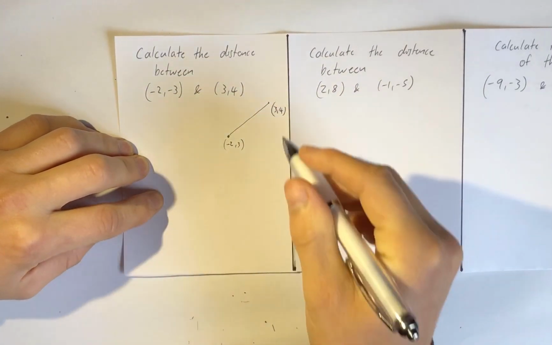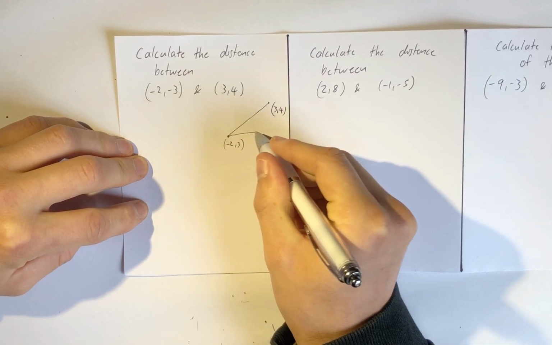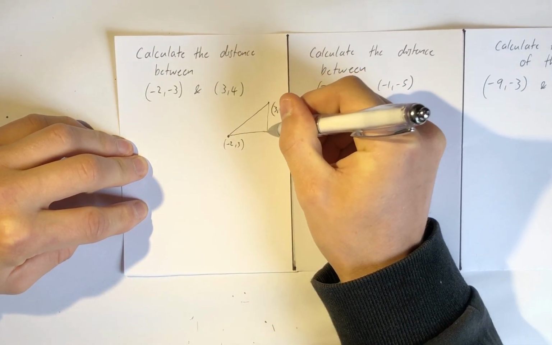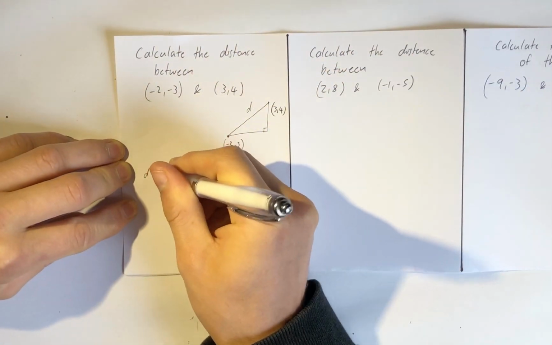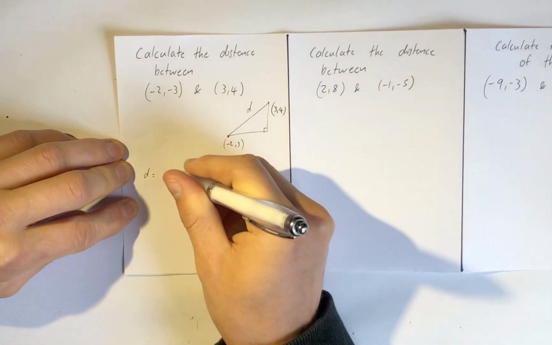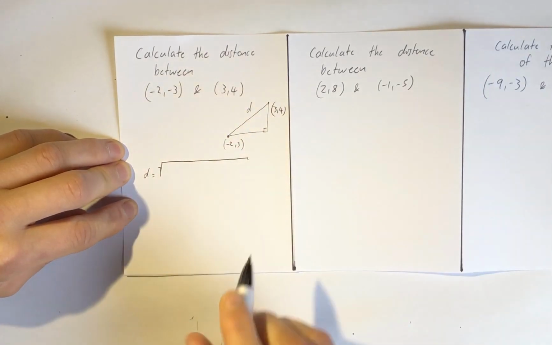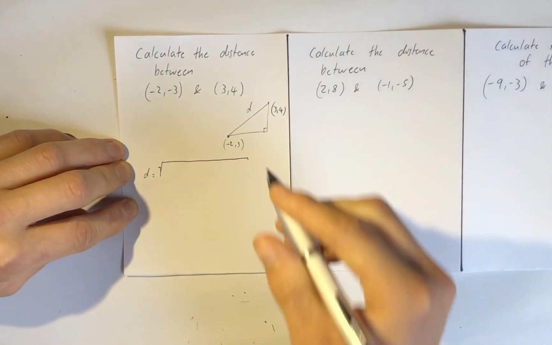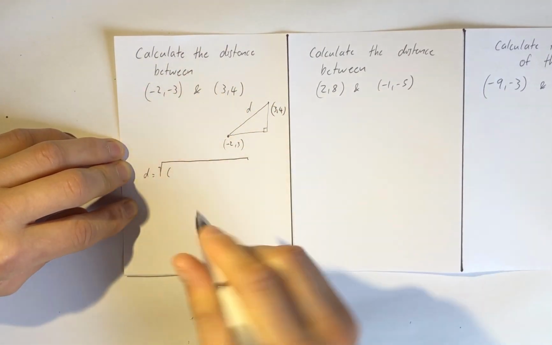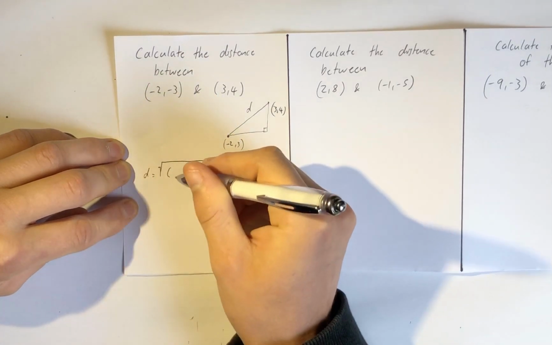And so like what we've gone through in previous videos, you can create a right angle triangle, and so this distance is going to be the square root of this side squared plus this side squared. So that's going to be x2 minus x1, isn't it?